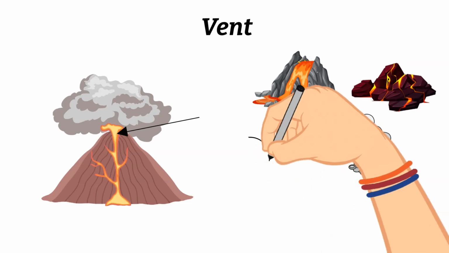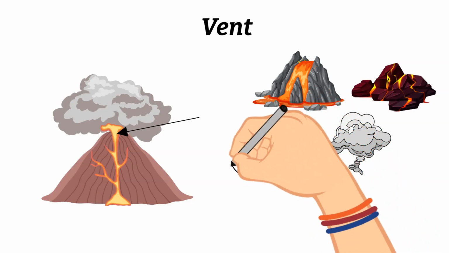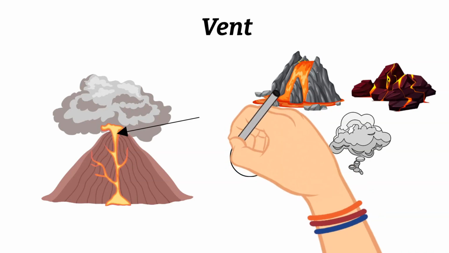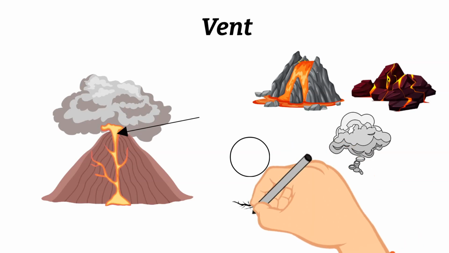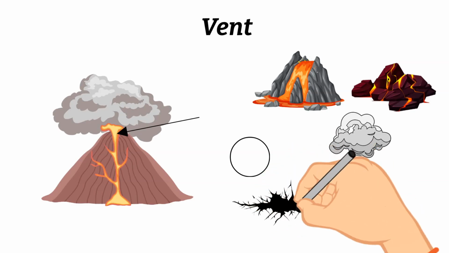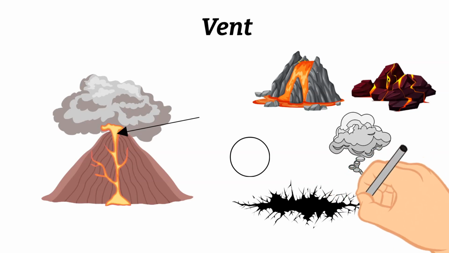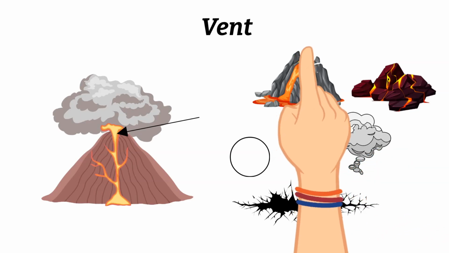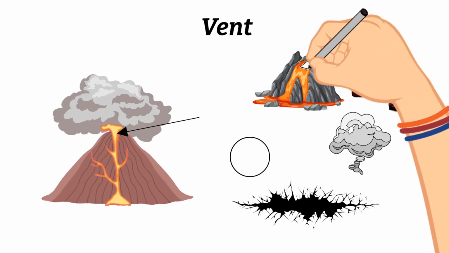Now, a vent can consist of just a singular circular shaped structure, or it could be a long fissure or fracture in the ground, or it can even be a tiny crack. But this is the part where magma comes out onto the surface.